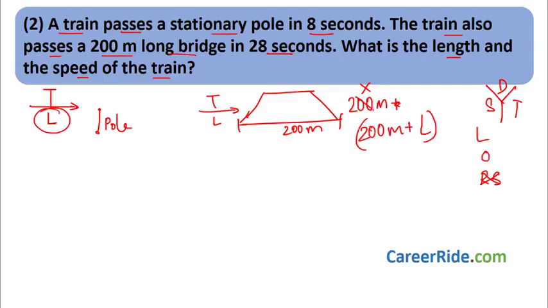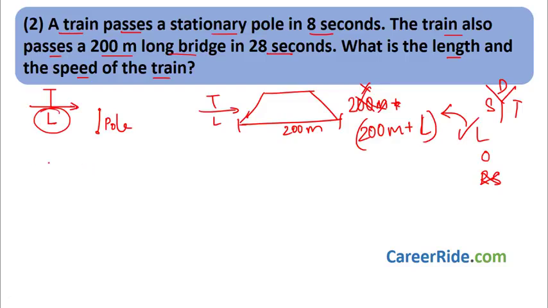What did we learn? That the length of the train has to be included in the distance traveled, right? Always remember this point. In cases of trains, the length of the train has to be included in the distance traveled. So in the second case, the distance traveled is 200 meters plus L, that is the length of the train.